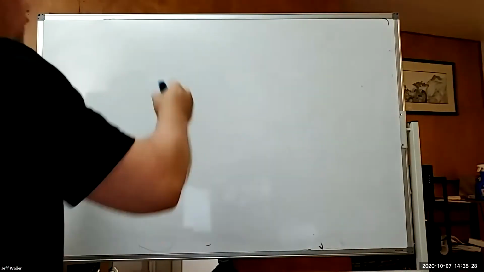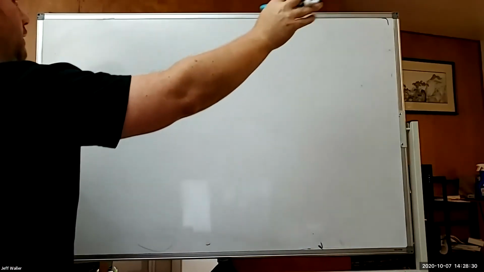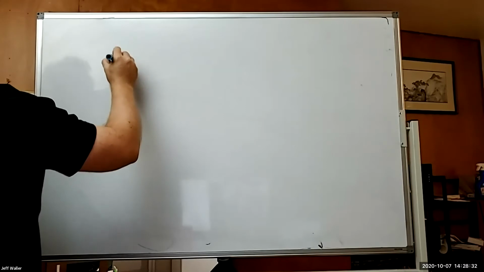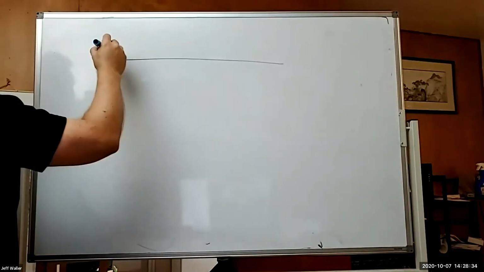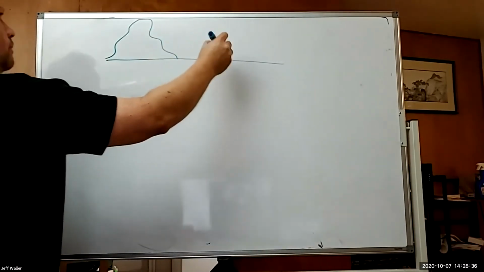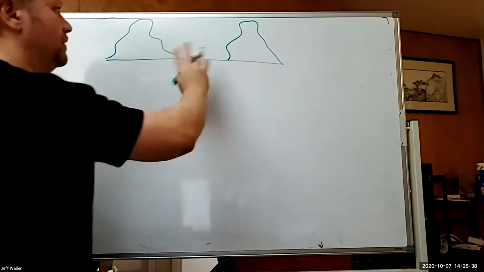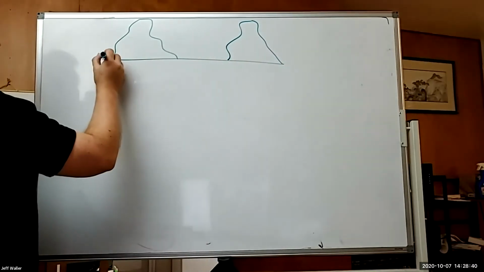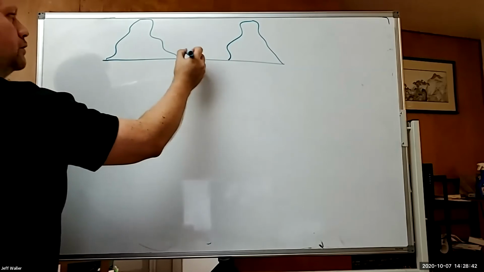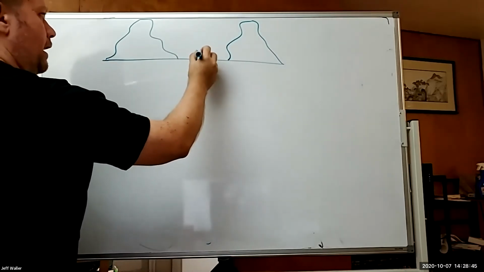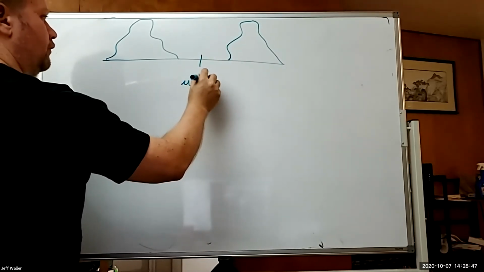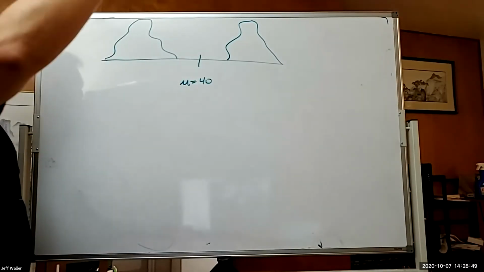So if I had some fictional place, and the ages look like this. What does that mean? That means that there's nobody in the middle. So let's say the average age is 40. Let's just make some stuff up.